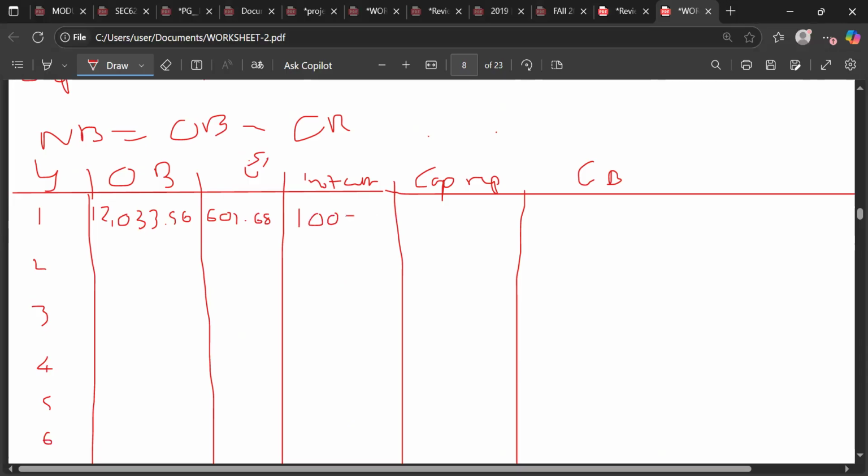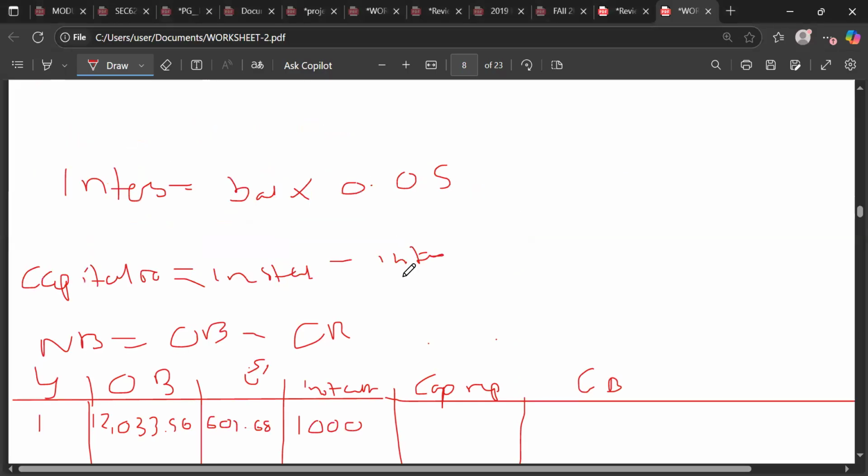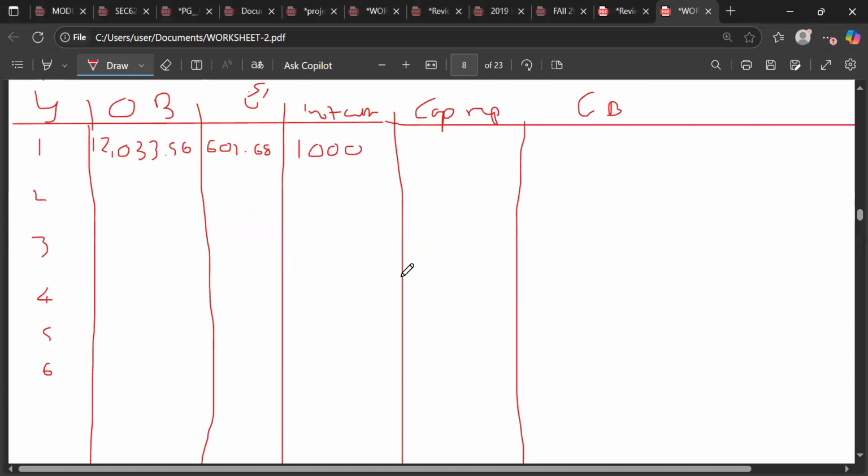So therefore, the capital repaid will be the installment minus the interest. So 1,000 minus 601.68 will give us 398.32 here.